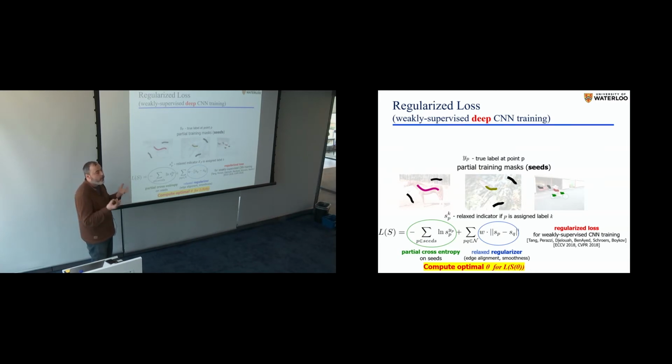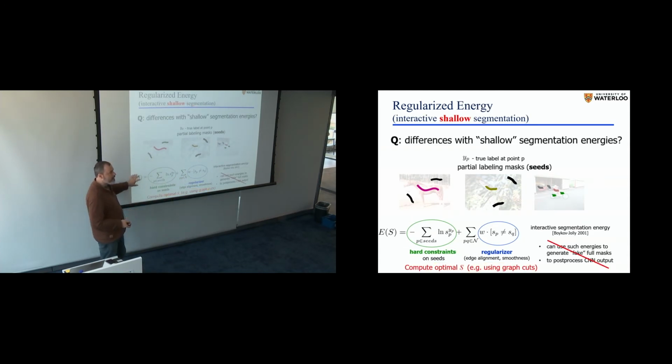Whatever you know are good properties, you notice it's done softly, in the sense that we don't generate a full mask. Do you see this difference? Here, I take this input, and for any of those images, I would use graph cuts in a shallow context. There's no network. I would generate full labeling. Imagine you treat that output of the graph cut shallow regularizer as your ground truth, but there's no guarantee it's true.